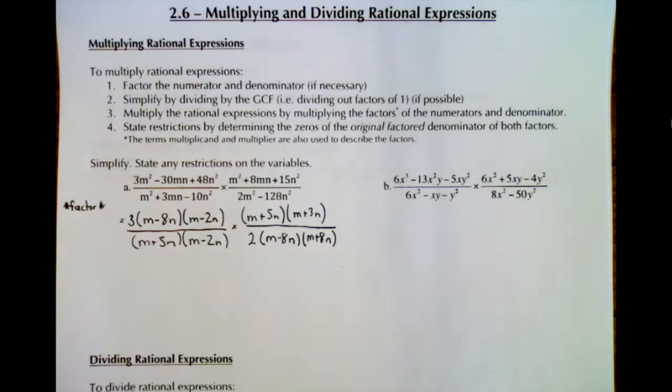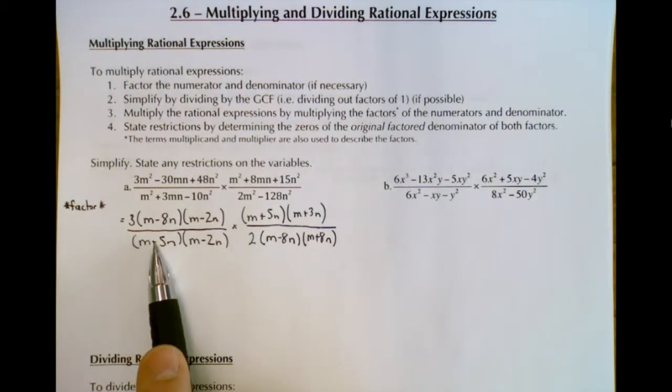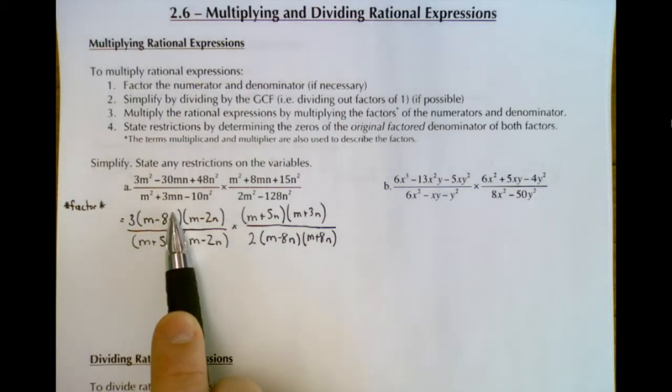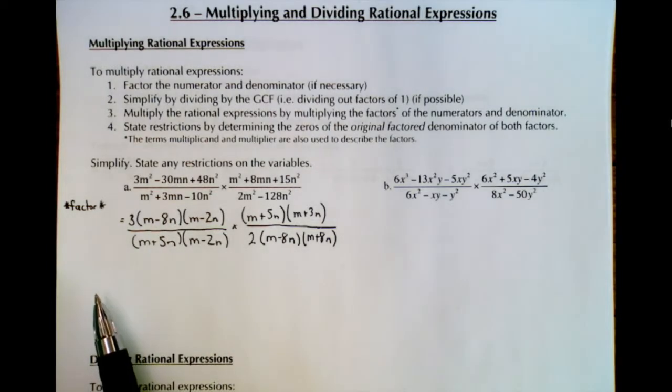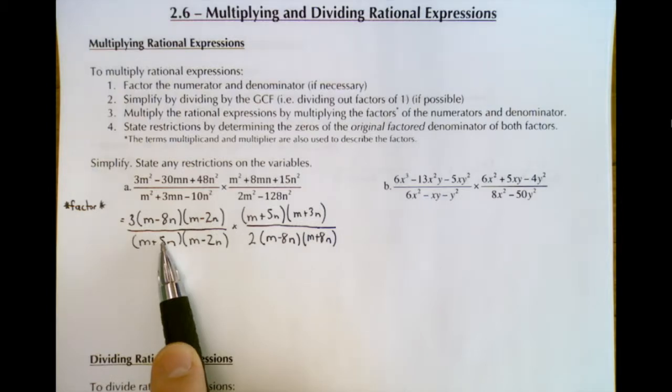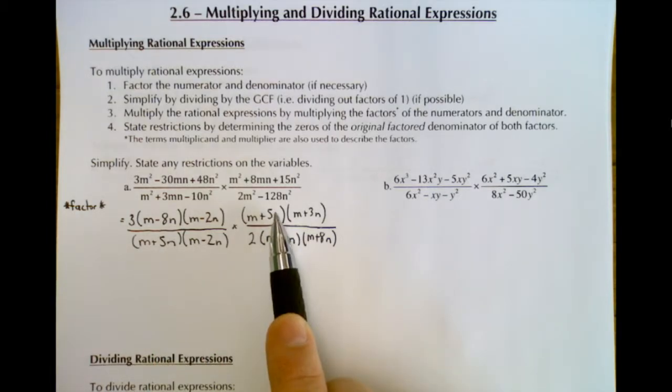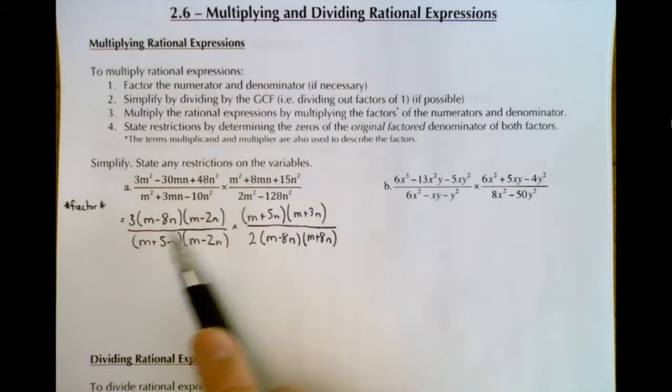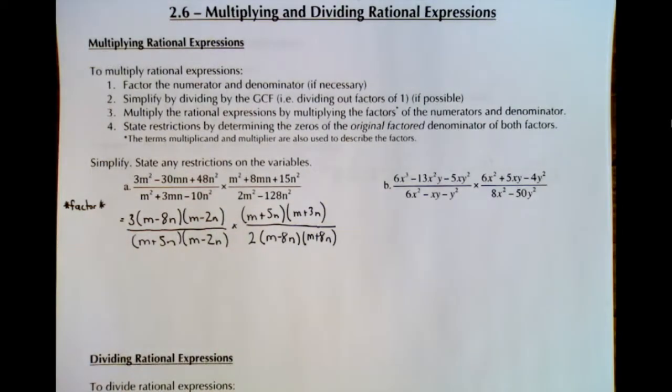So if there's a factor on the top of this fraction and the bottom of this fraction that's also on the top, you can divide it away. Or if you have a factor that's on the bottom of this rational expression that's also on the top of this rational expression, you can divide them away as a common factor because they would end up being a part of the same expression.